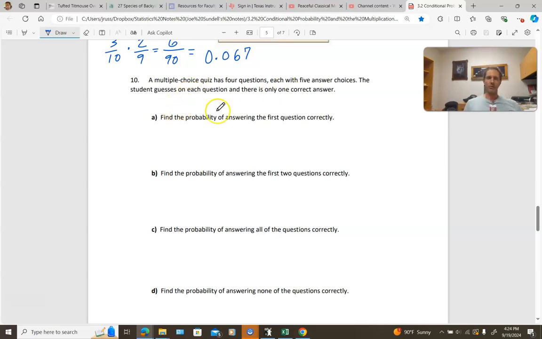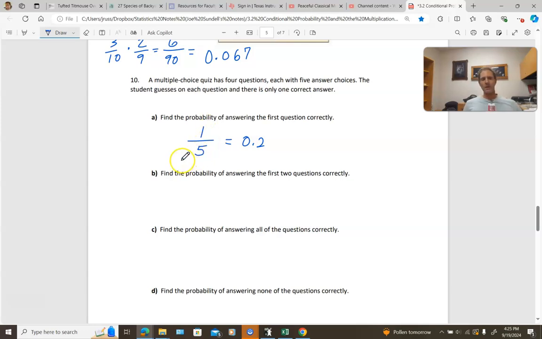Part A, we want to find the probability of answering the first question correctly. Well, there is just one correct answer out of a total of 5, so it's just going to be 1/5. Or as a decimal, it would be 0.2. You basically have a 20% chance of getting that first question correct.